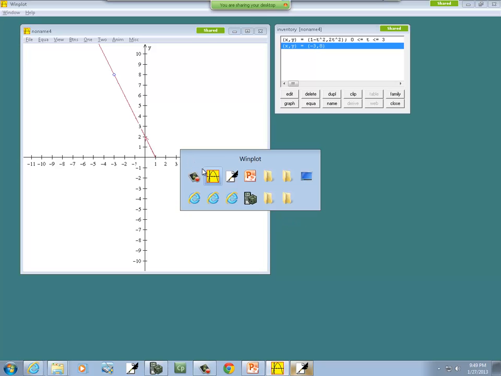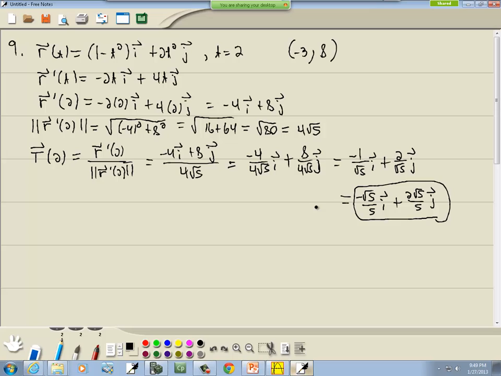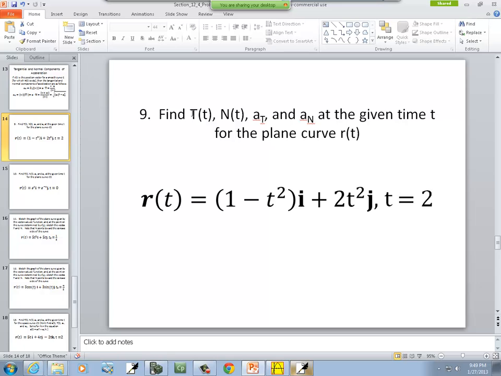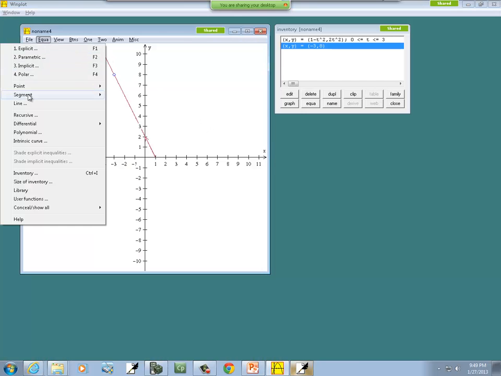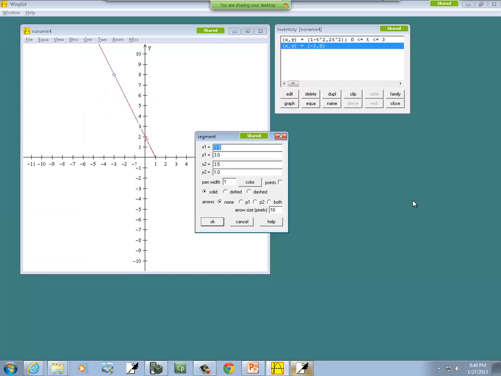And from there, for our tangent vector, we're going to add this on to the negative 3, 8. So we'll have negative 3, and then we'll add on that to get to the new x value. So I'm going to go here, and I'll do equation, choose segment, choose xy. x1 is negative 3, this is 8.